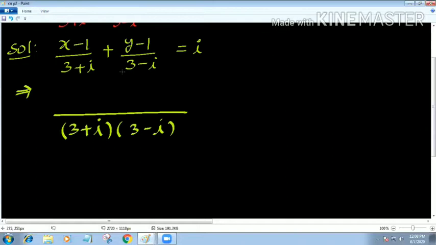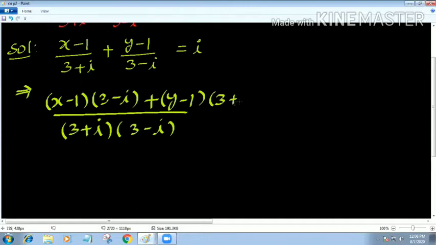So (x minus 1) into (3 minus i) plus (y minus 1) into (3 plus i). So this is the left side, and the right side as it is, no change in the right side.